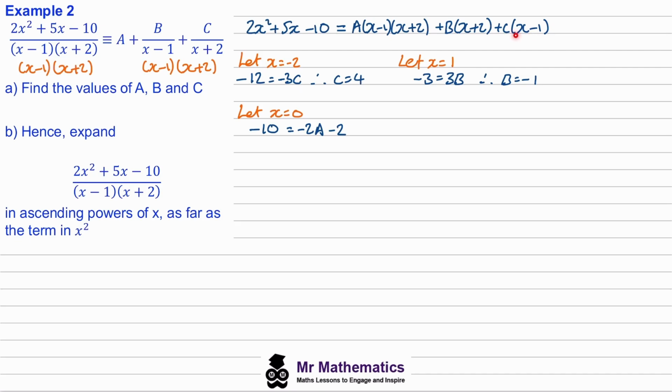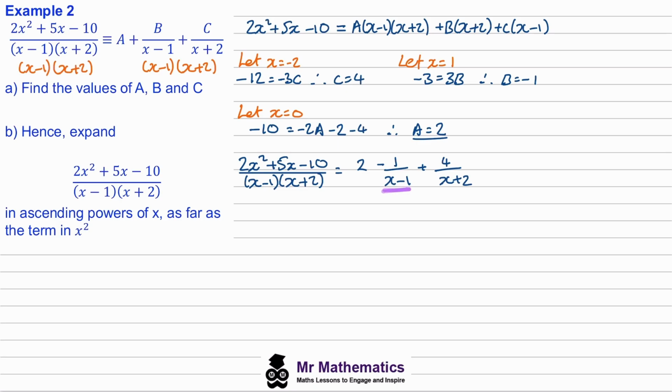And we'll have negative c, and we know c is 4, so this will give us negative 4. So therefore, a will equal positive 2. And then we can substitute each of these values for a, b, and c back into our mixed number here. For part b, we can expand this using a binomial expansion for each of these two fractions.